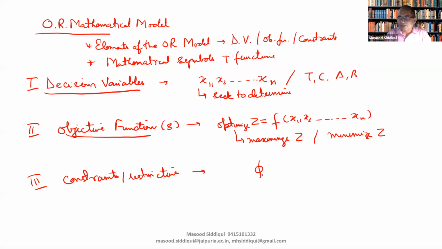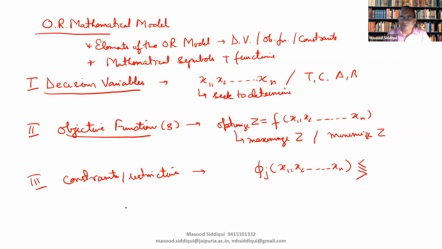Suppose we denote them by psi. Since some physical limitations or conditions are imposed, they can be in the form of less than, equal to, or greater than.